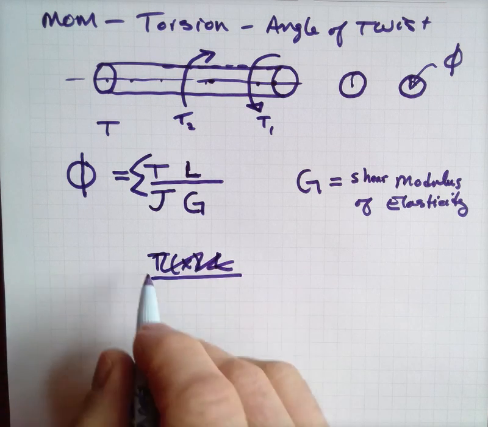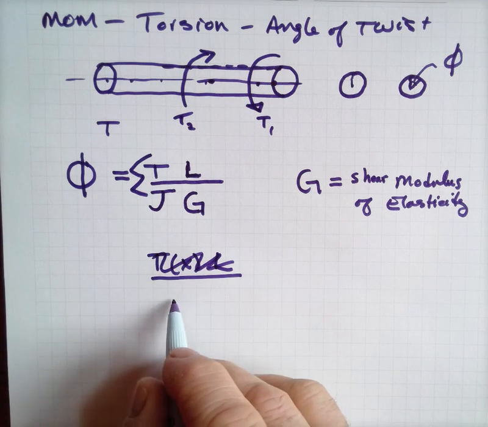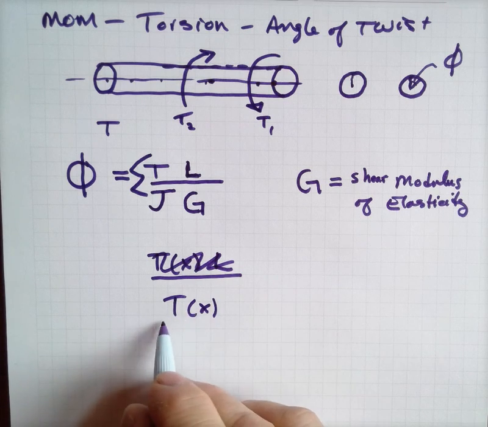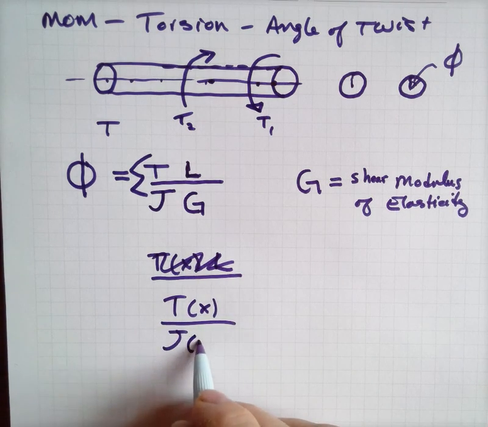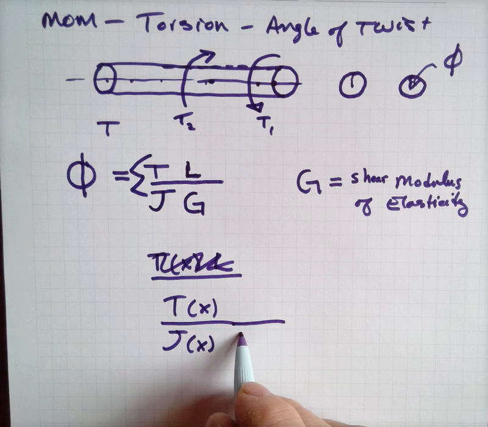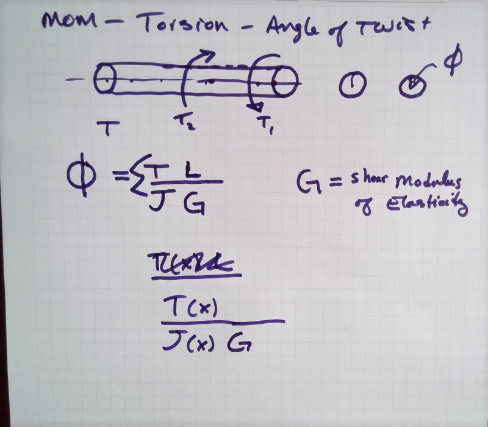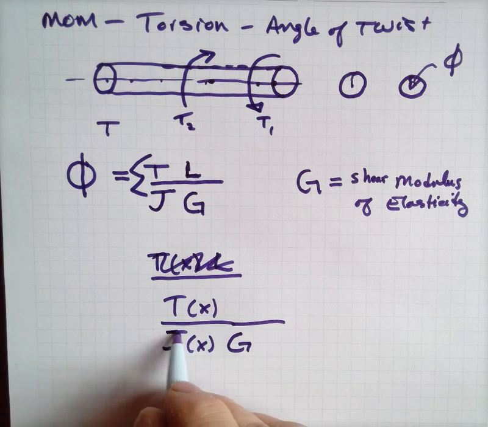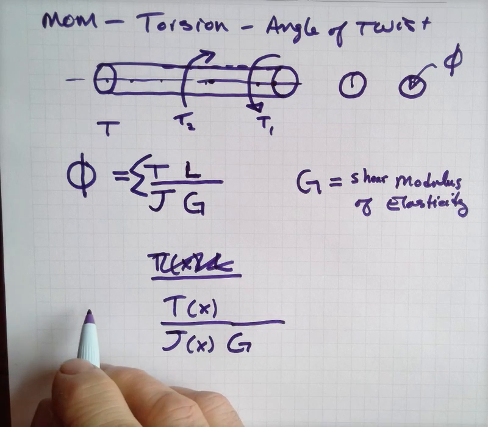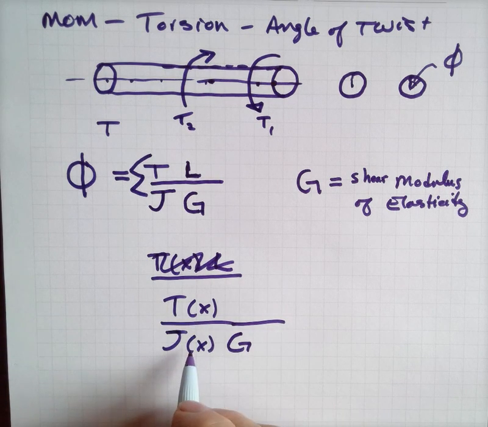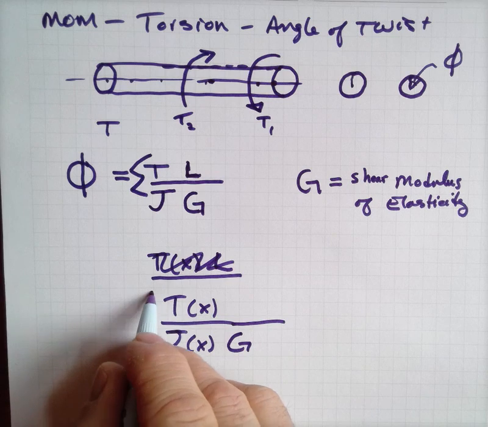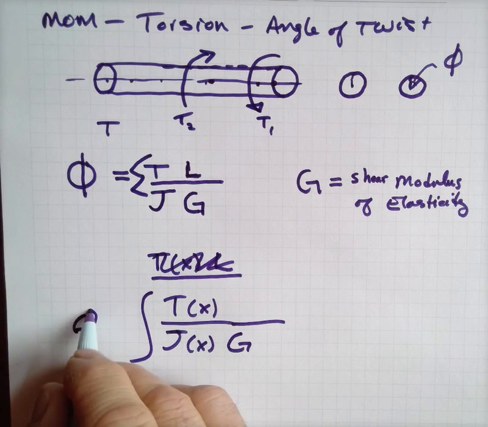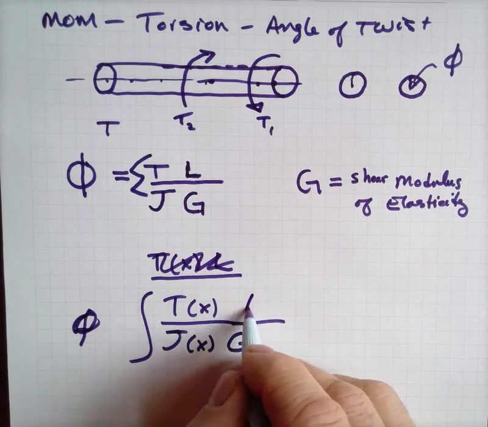Torque could be a function of x. J could be a function of x. G would not; that'd be for the material. If these are continually changing, then we just integrate with respect to x.